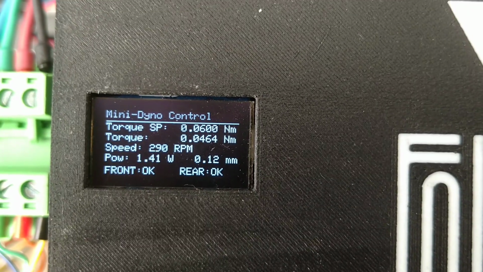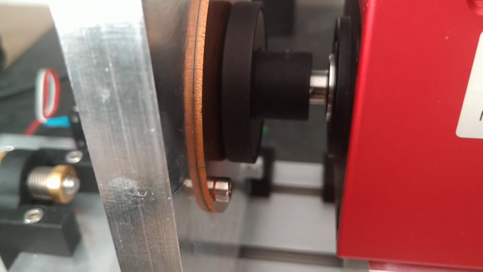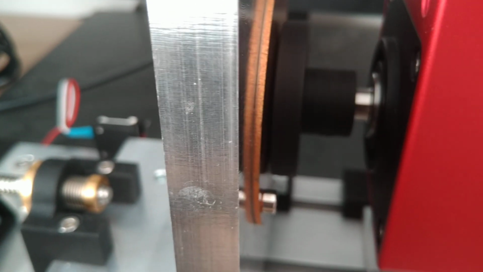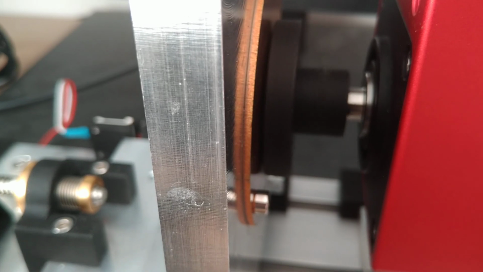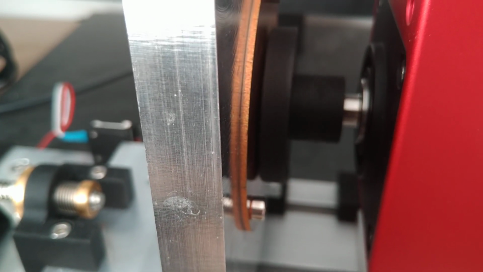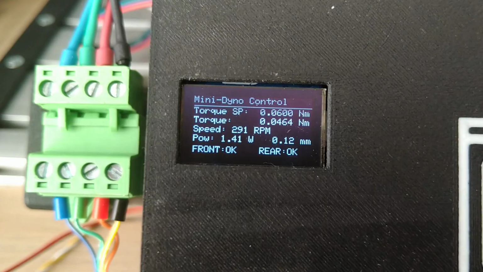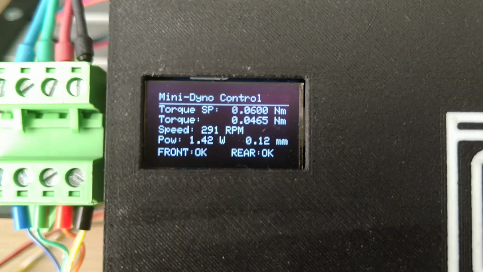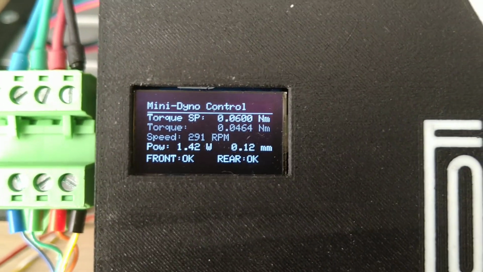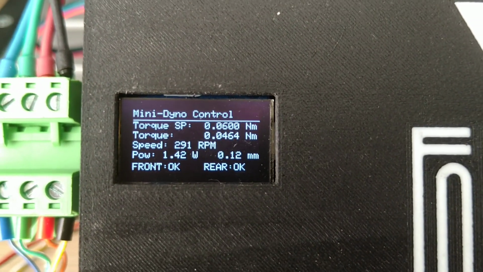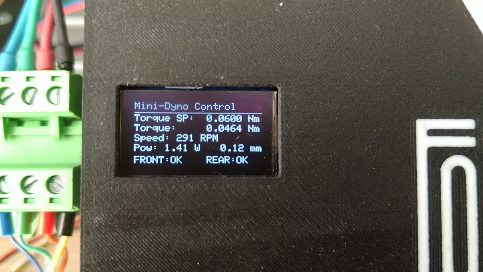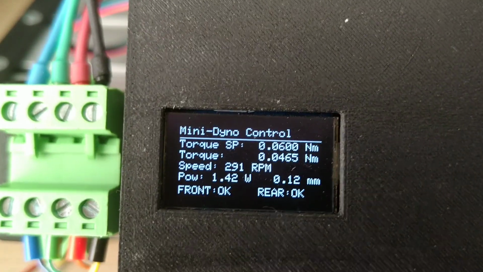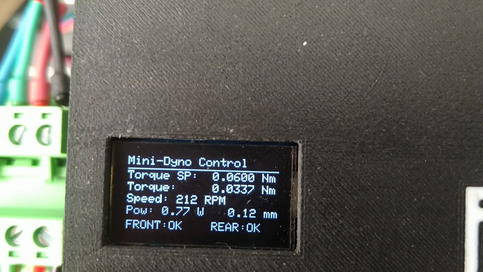You can see here that the gap is extremely short, practically almost rubbing, but the mechanical design is done such that it's not going to rub and it's not going to move any further if it can't. In the control algorithm, 0.1 millimeter is the shortest distance, so we are sitting here at 0.12, because the next controlling action would push the system beyond 0.1 and towards contact, which we don't want. Therefore, the system is no longer maintaining the braking torque.